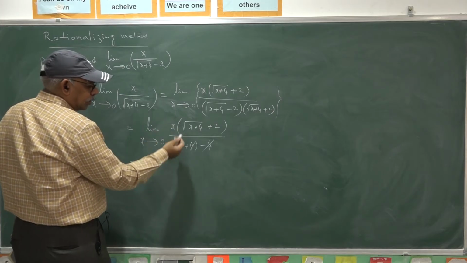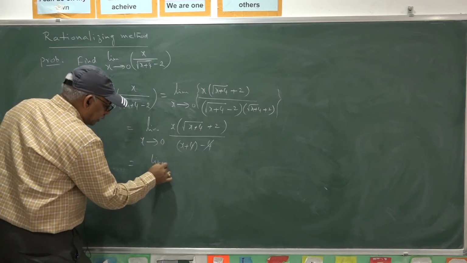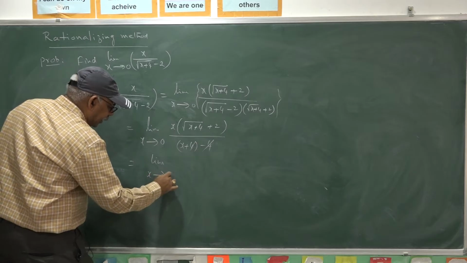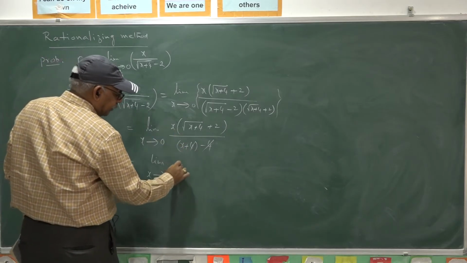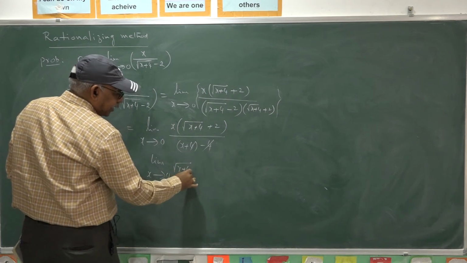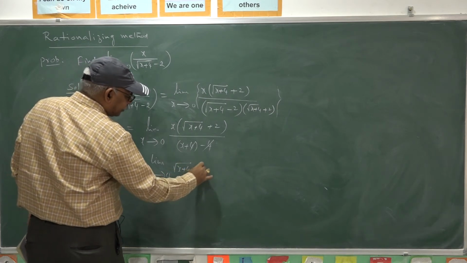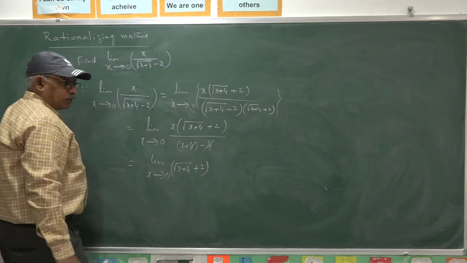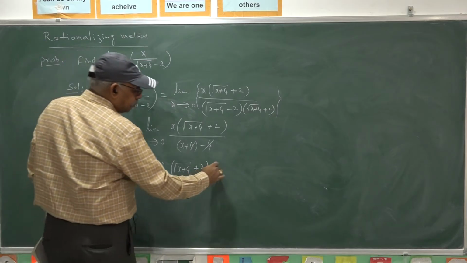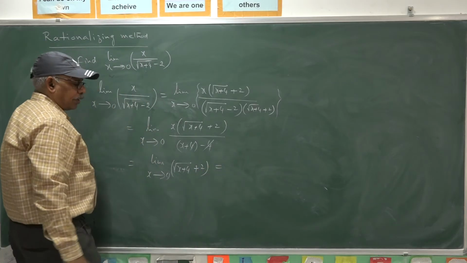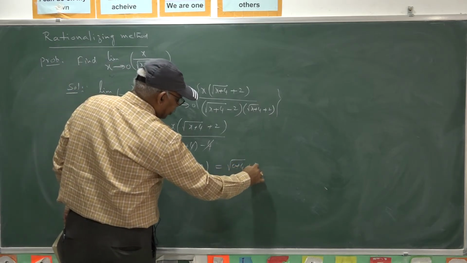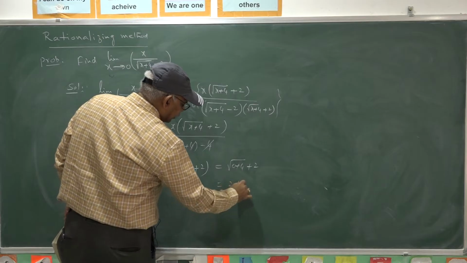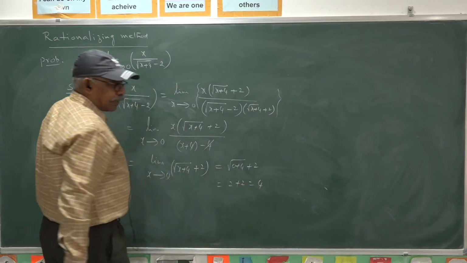This x and x also cancel. The total limit takes the form, as x goes to 0, root x plus 4 plus 2. So, by direct substitution, we get root over 0 plus 4 plus 2, which gives 2 plus 2, that is 4, a finite value.